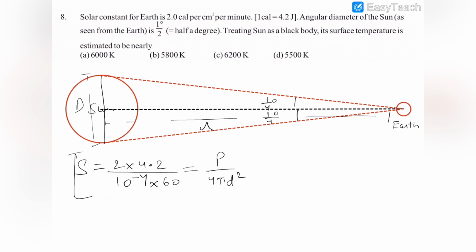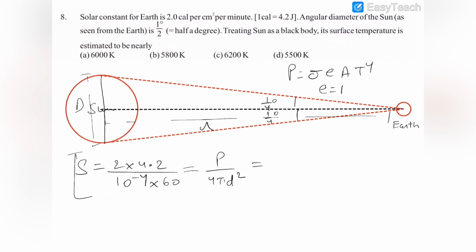Now we know that this solar constant is given as this one, and the power emitted by sun will be sigma E A T to the power 4, where E will be 1 because we are assuming the sun as an ideal black body.